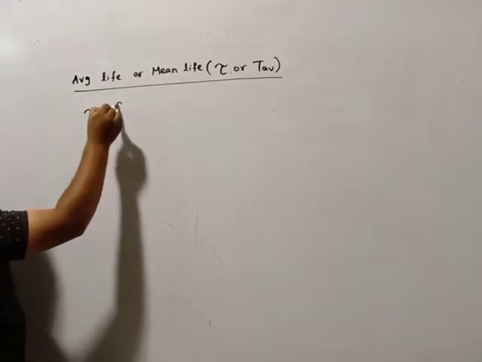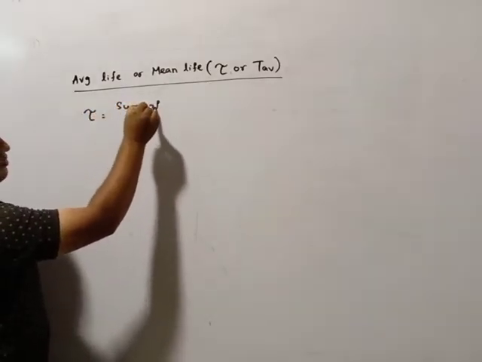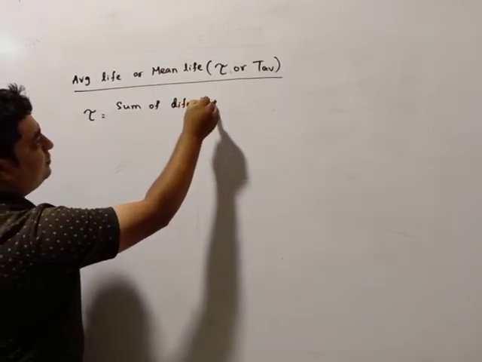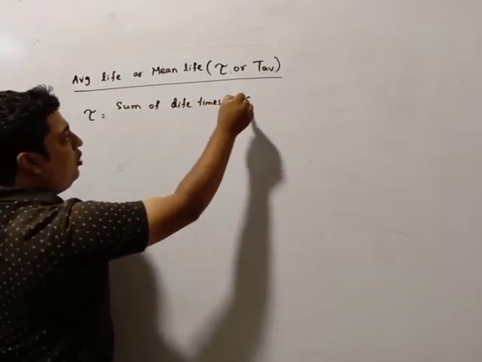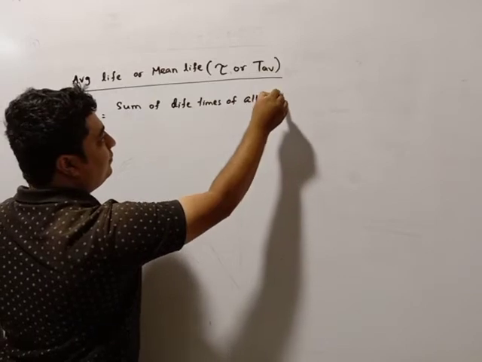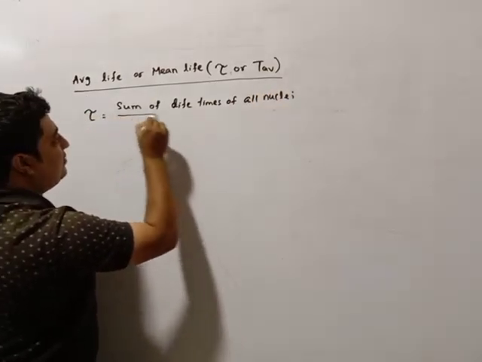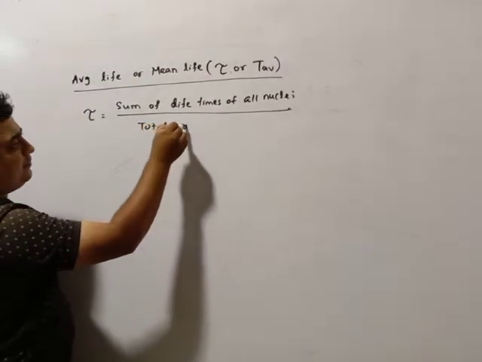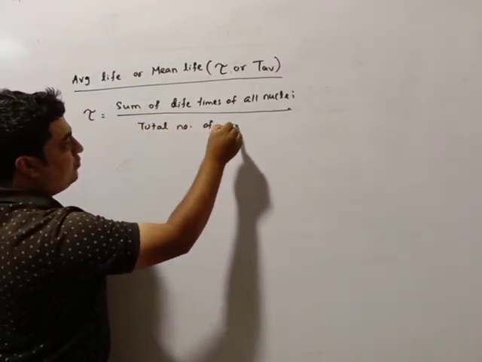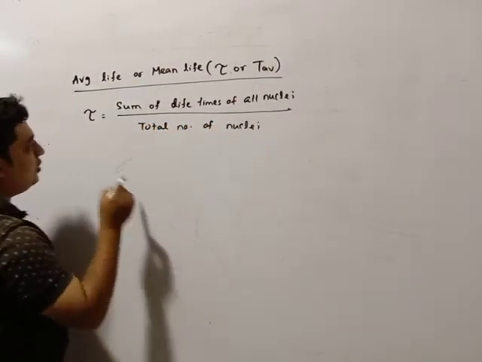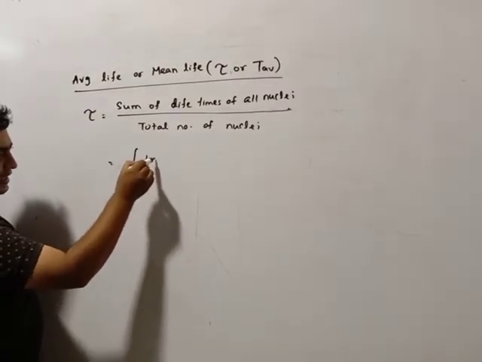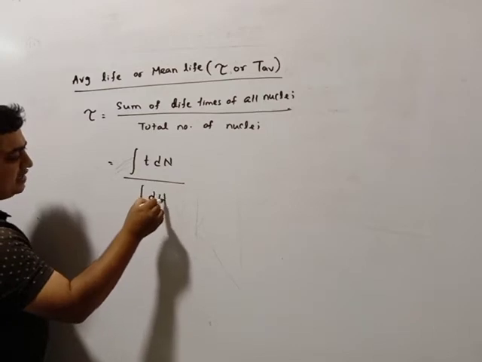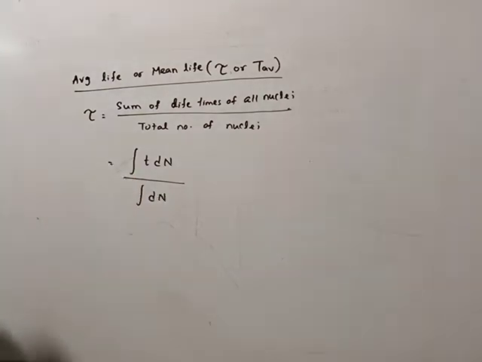It is defined as the sum of lifetimes of all nuclei divided by the total number of nuclei. So, it is equal to integration of t dN divided by integration of dN.